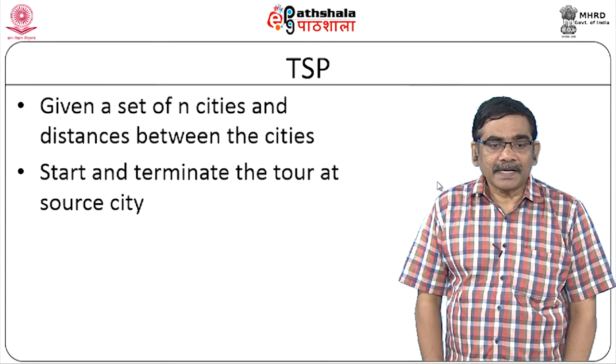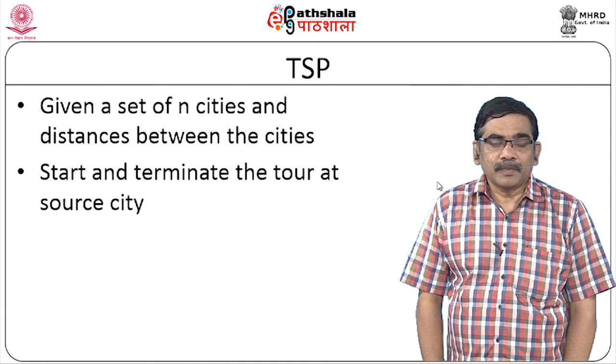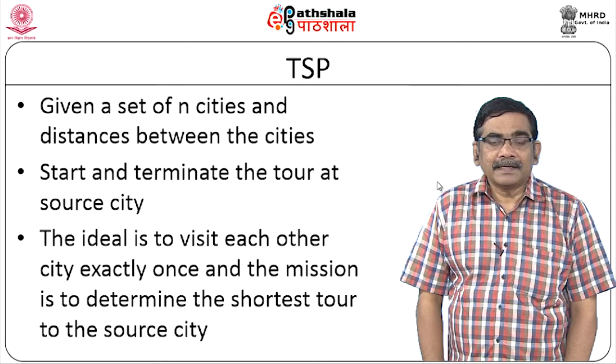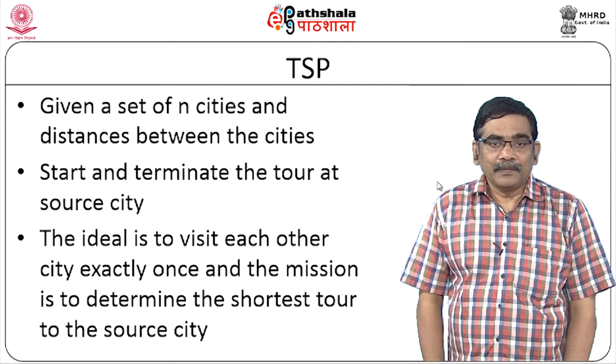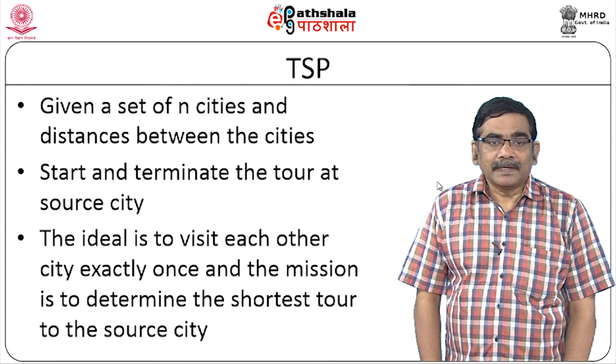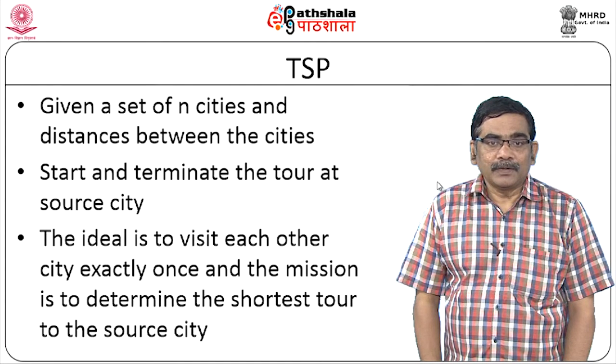You have to start from a place. The salesperson is supposed to start from his hometown maybe. Then he has to visit all other cities exactly once, and he has to come back to the original city. So, this is called a tour.